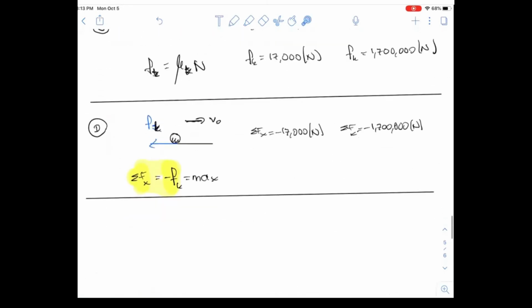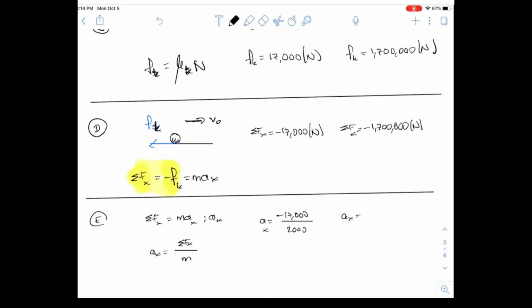Okay, guys, the acceleration is going to be caused by the net force. E is the acceleration. Net force is what causes the acceleration. Net force divided by m is your acceleration. So for the car, it's going to be negative 17,000 divided by the mass of the car.